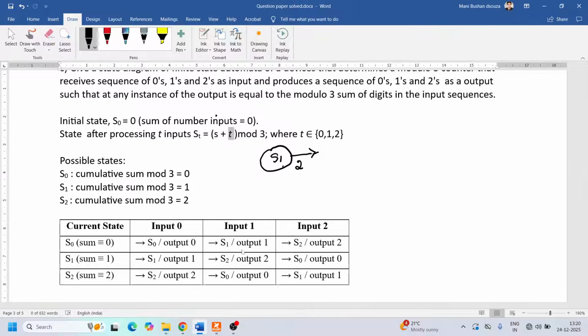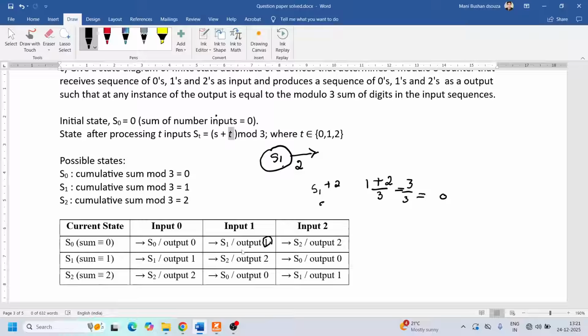Remember, you are in the S1 state. What is the meaning of saying S1 state? You are already at 1. If you add 2, this is 1 plus 2 by 3. Remember, I am not interested in the quotient, I am interested in the remainder. So this is 3 by 3, and the remainder, not the quotient, is 0.